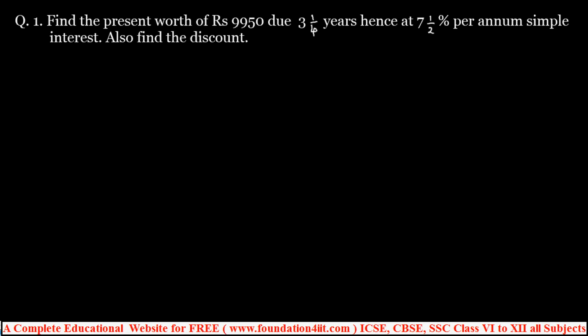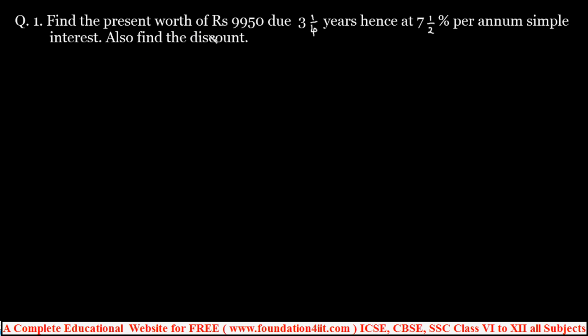Now let us see the questions here. Find the present worth of rupees 9,950 due 3 1/4 years hence at 7.5% per annum simple interest. Also find the discount. So whenever they ask for the words present worth or true discount, we need to apply these formulas.